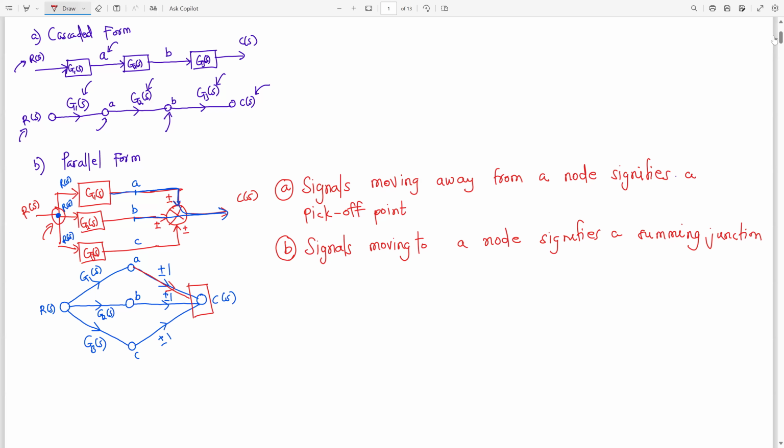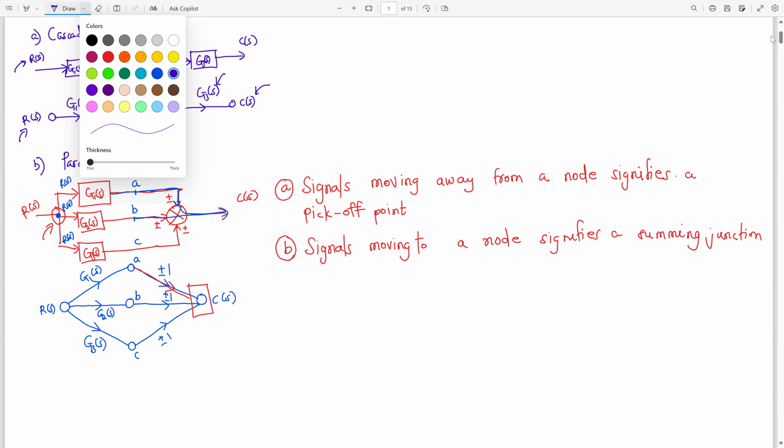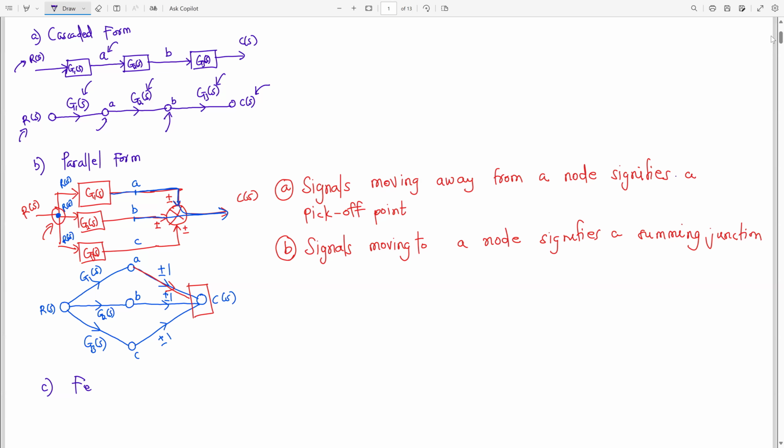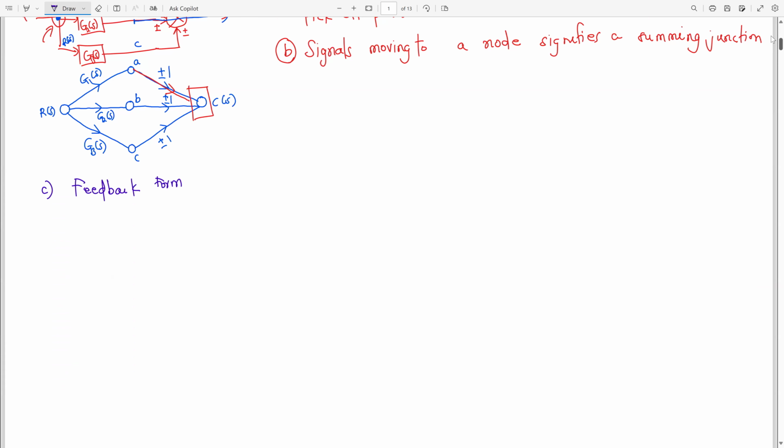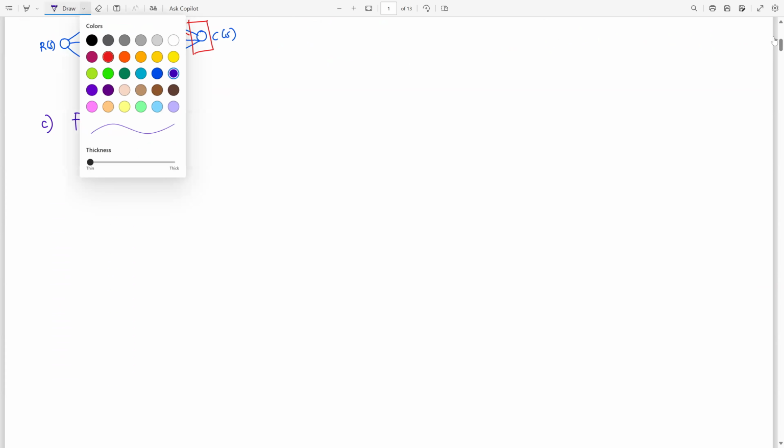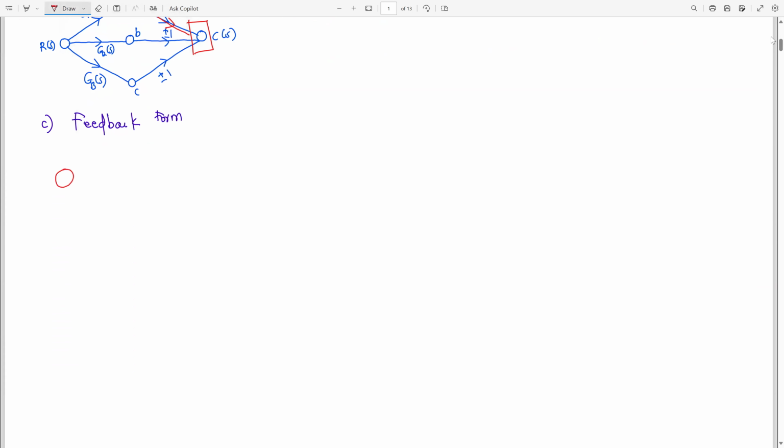Now, the third form that I like to show you is the feedback form. And we all know how the feedback form looks. So the feedback form looks like this. You have a summing junction with an input signal of R of S. The polarity here should be plus, just in case.